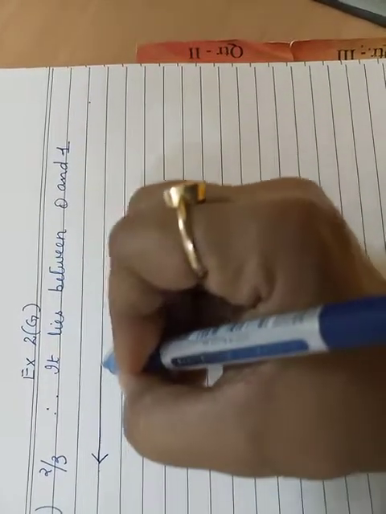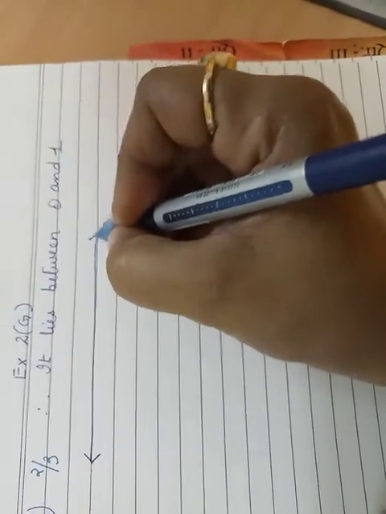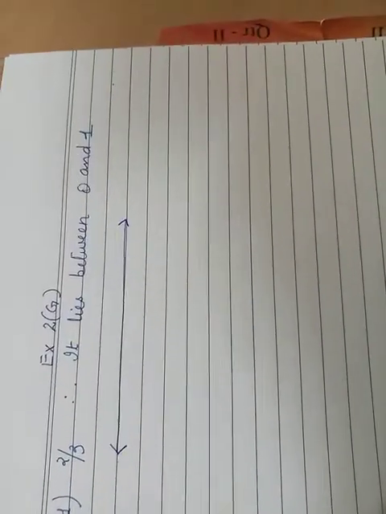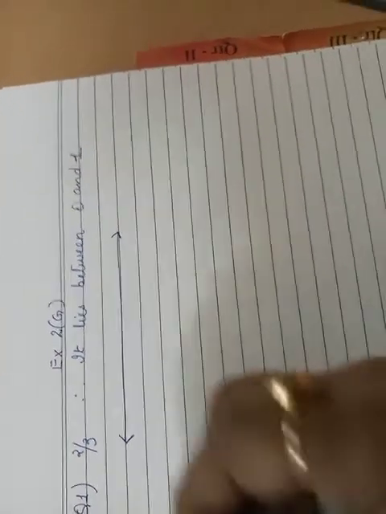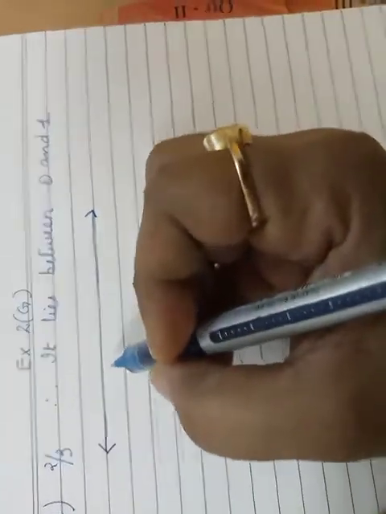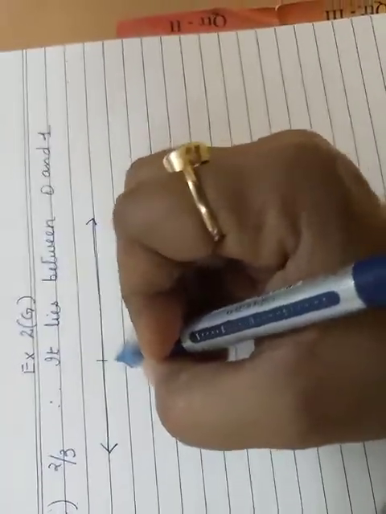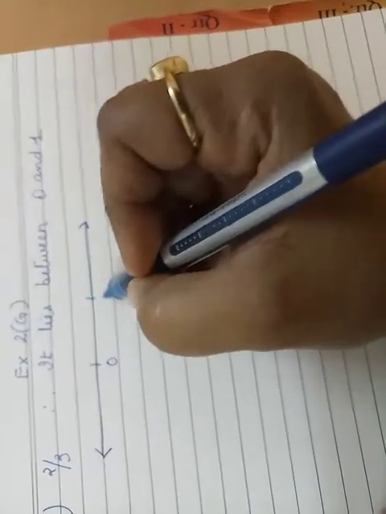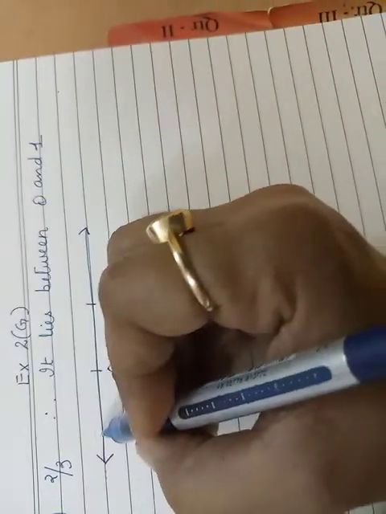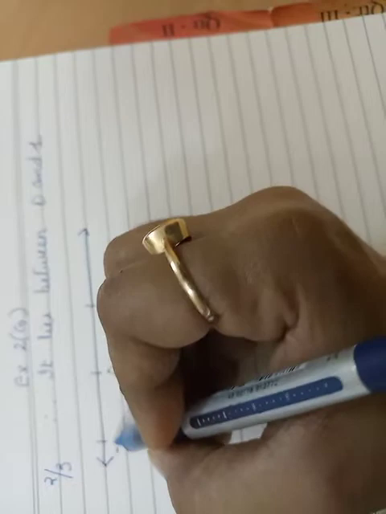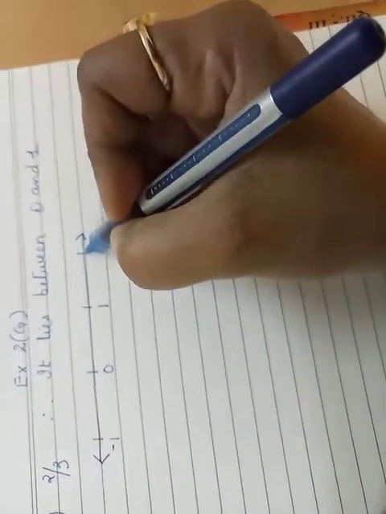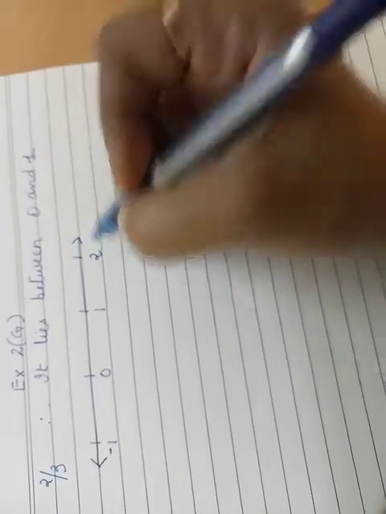Firstly, students, draw the number line with the help of a pencil and ruler. I am using a pen, but you have to use a pencil and ruler. So we need 0 and 1 on the number line. One number preceding we will write, that is -1, and one number succeeding, that is 2.